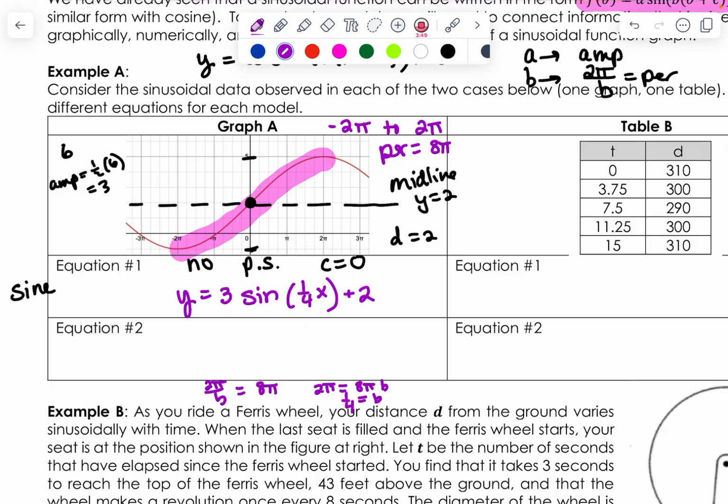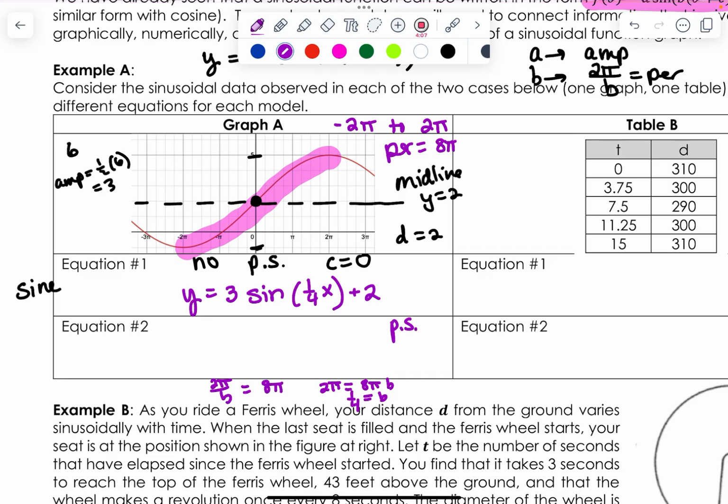Now there are 2 different ways I can do the cosine. So my cosine can start up here at the hill. If I'm going to start at the hill, then my phase shift is right 2 pi.